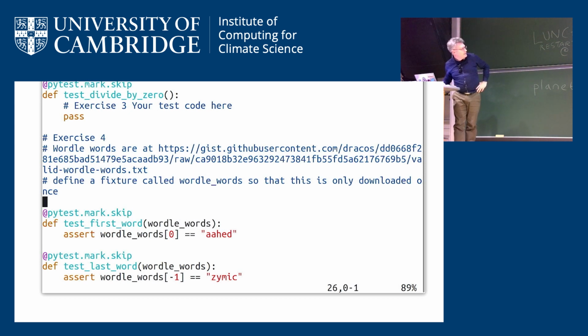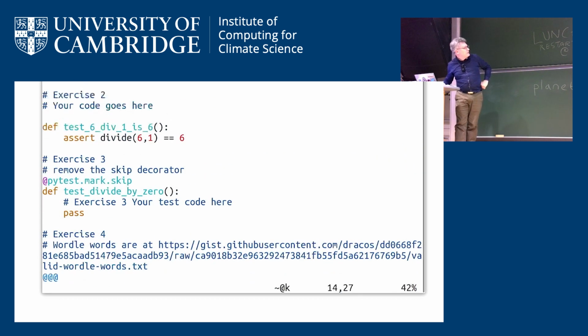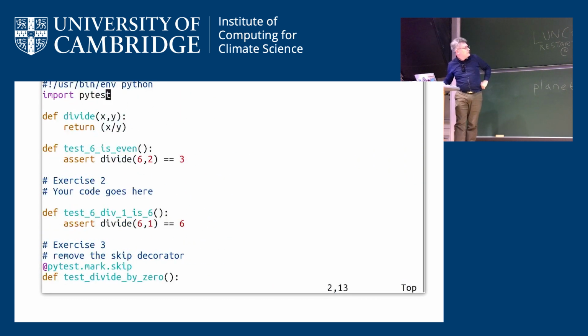So before that line, we want a function that's def wordle_words, but decorated with the fixture thing, and returns the list of words. So at the top here, we need to import requests.